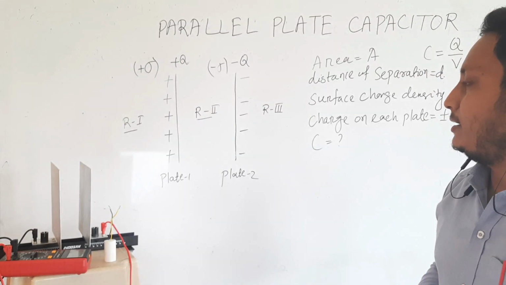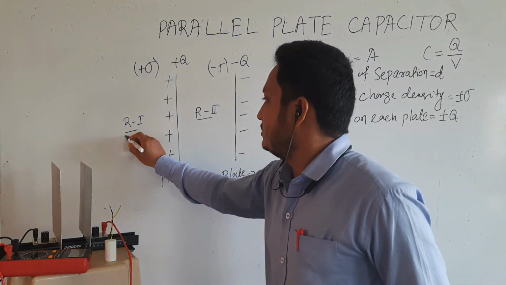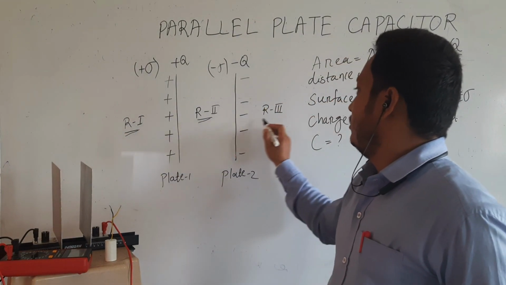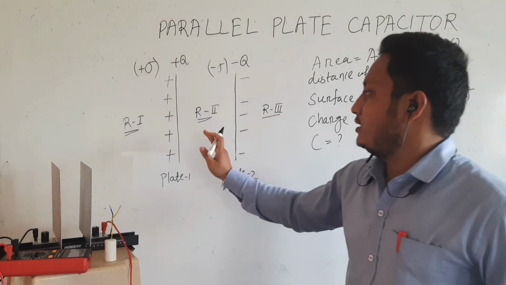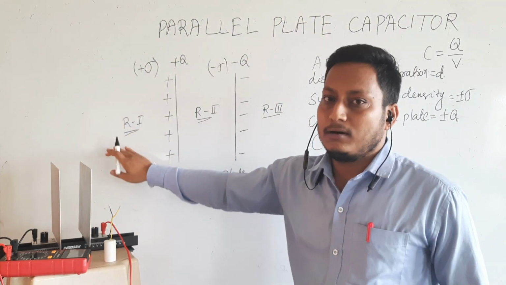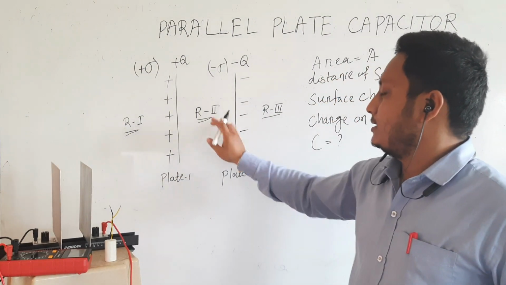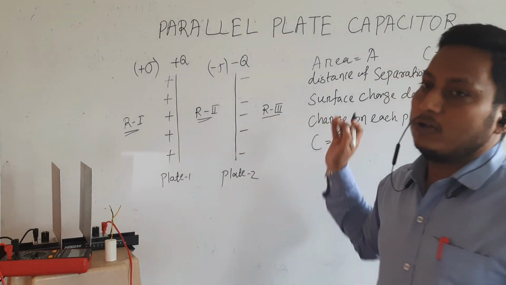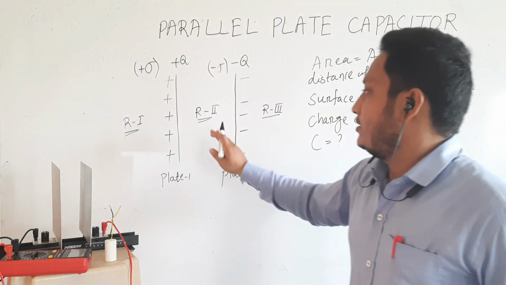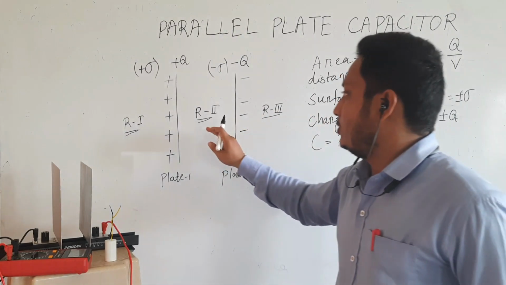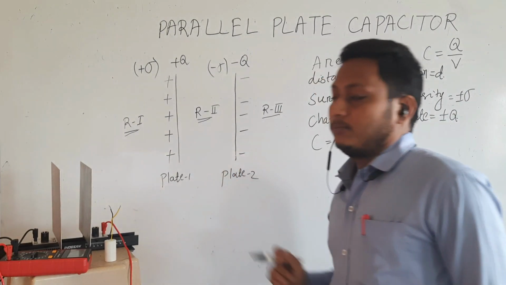So I have separated three regions: region 1, region 2, region 3. Region 1 is outside the plates, outside the capacitor, and region 3 is also outside the capacitor, and region 2 is in between the plates of the capacitor.